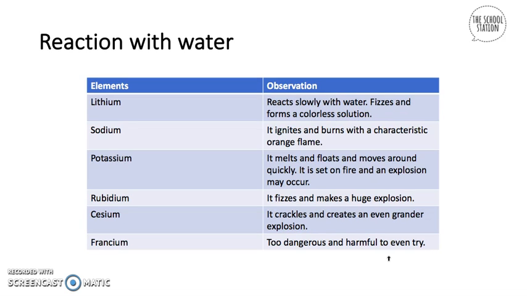It only takes a few seconds for it to become a huge explosion, which is why even the scientist who does the reaction with water and cesium has to quickly run away or go to a safe distance to make sure that they don't get harmed. So reactivity increases going down the group, and this is why the reaction with water gets bigger and bigger every single time you go down the group.